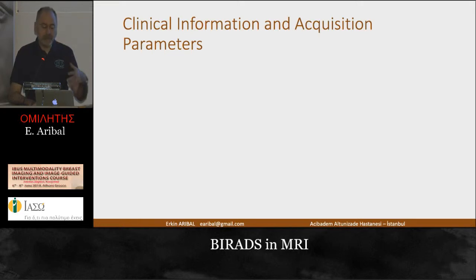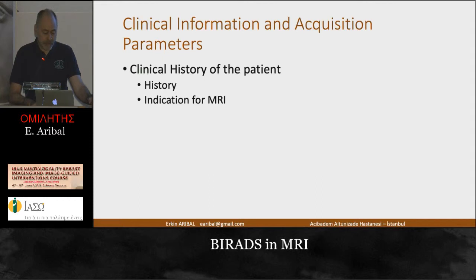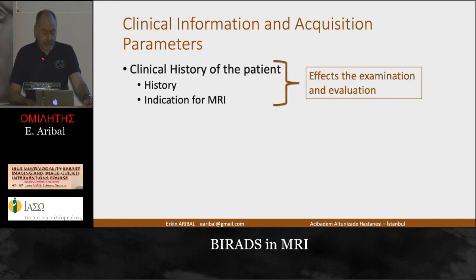First, when we report or start evaluating an MRI image, we should start with the clinical information and acquisition parameters. The clinical history of the patient is very important, as we have seen yesterday. Breast imaging is multimodality, so you need the history and the other images or other examinations of the patient, and why the MRI was indicated.